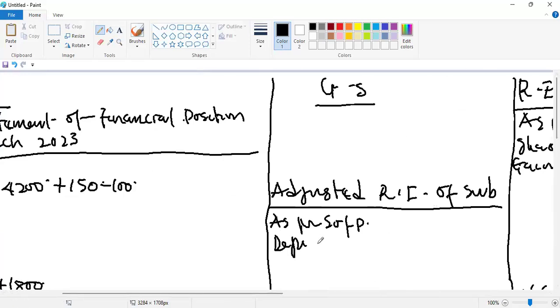Let's go to the question. As per SWP, let's get the return: 1660. Good. That is not the only adjustment.